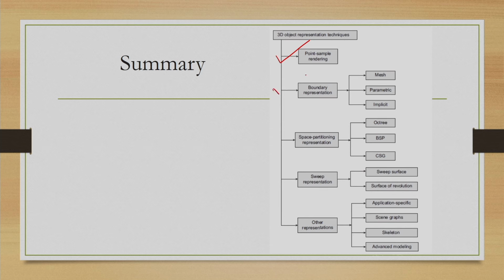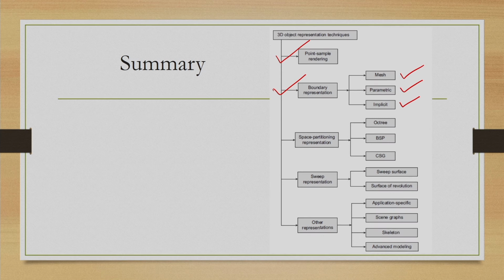Other technique is boundary representation, which has many subcategories like mesh representation, parametric representation, and implicit surface representations. In boundary representation techniques, we represent objects in terms of its bounding surfaces, where these bounding surfaces can be lines, curves, polygons, anything. The third technique is space partitioning method.